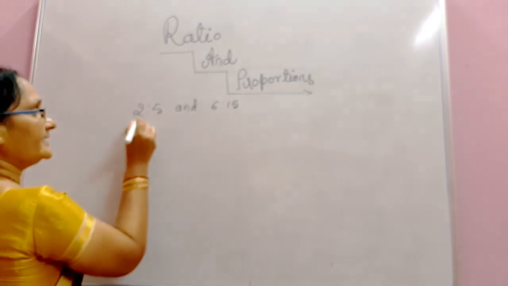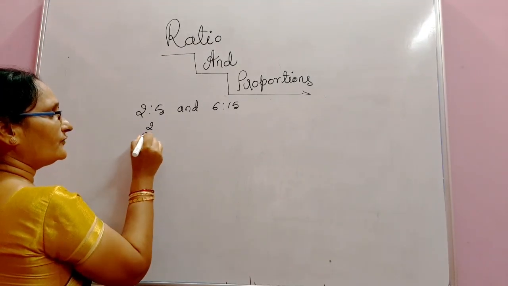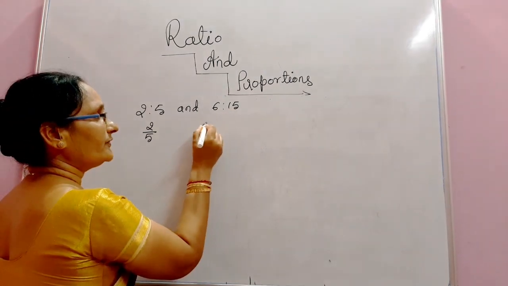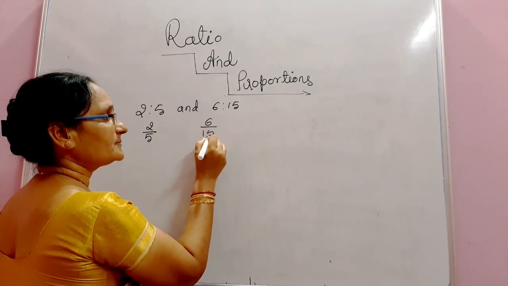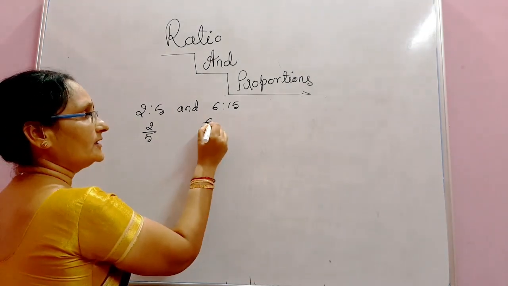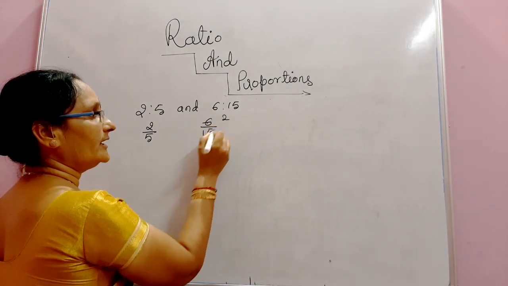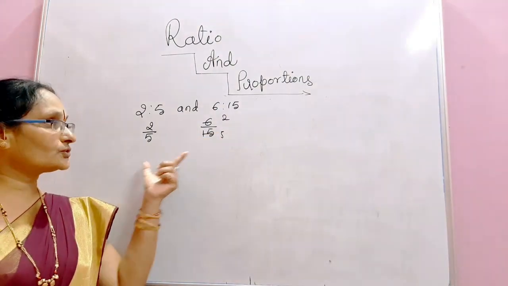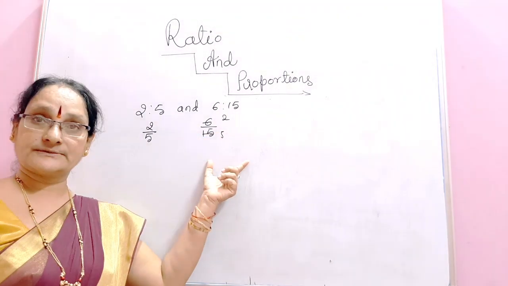How can I say? See here, 2 is to 5 can be written as 2 by 5 and 6 is to 15 can be written as 6 by 15. Now this 6 by 15 can be cancelled. 3 twos are 6, 3 fives are 15. This is also 2 by 5. These two are equal ratios.